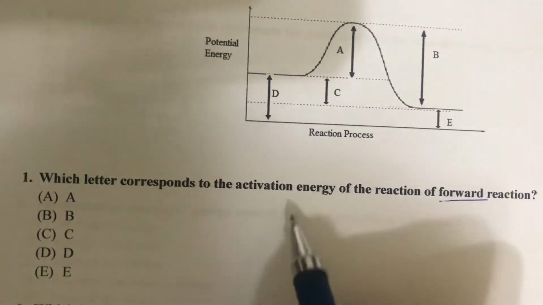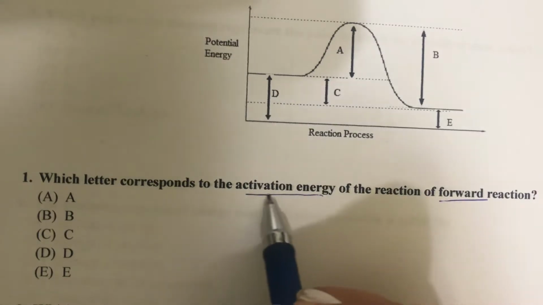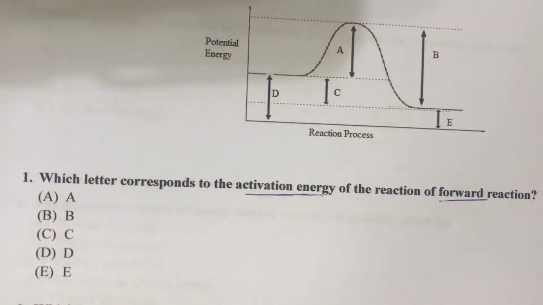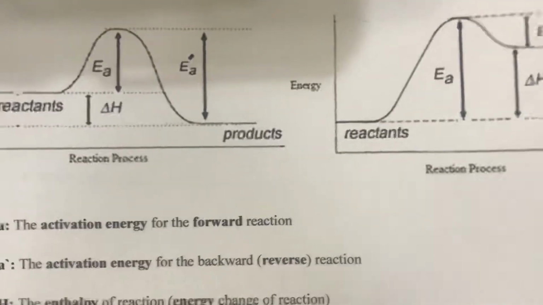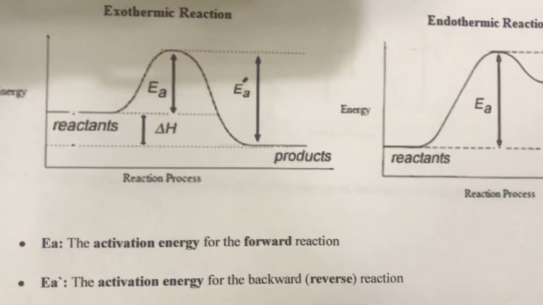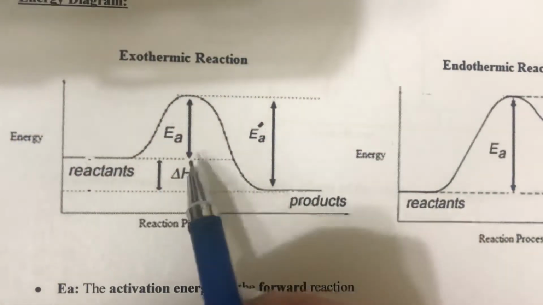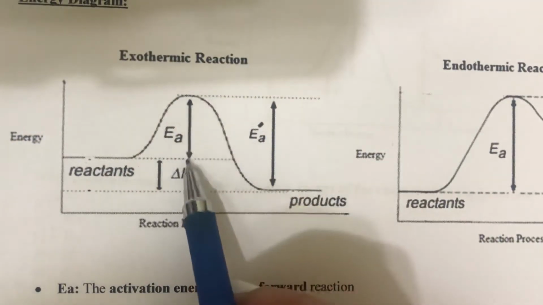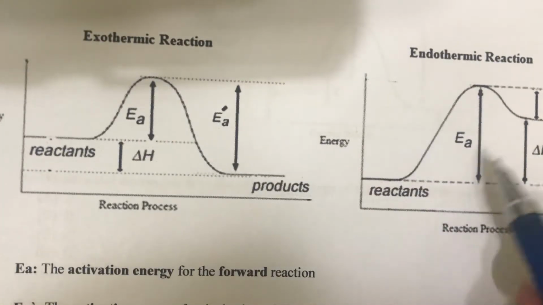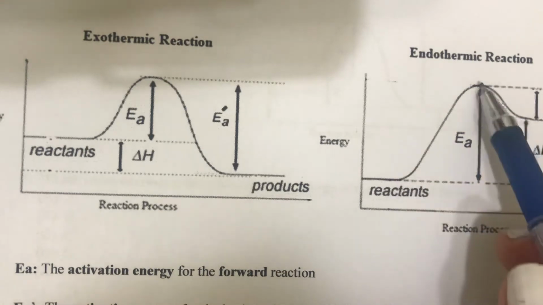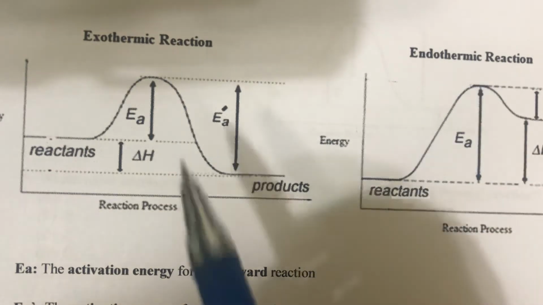So the question asks about activation energy for forward reaction. So if you remember from the energy diagram, this is the activation energy here, the energy difference between the reactant and the activated complex.